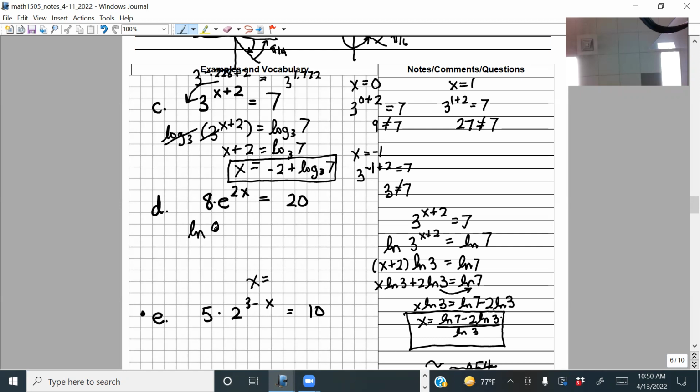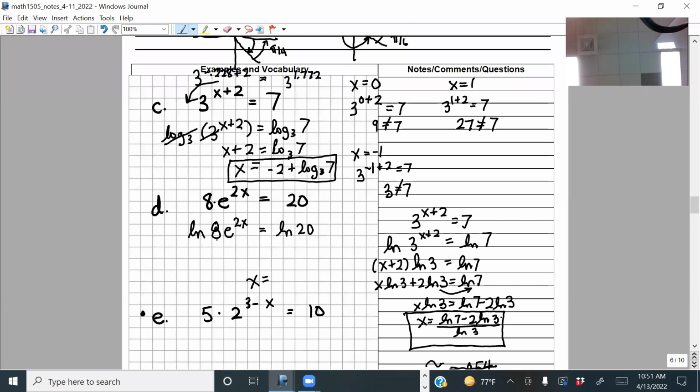If you start here immediately by taking the natural log of both sides, that's going to be the impulse. The problem is that the 8 coefficient there prevents you from canceling the natural log and the base e, so you won't be able to do anything with this equation with the 8 there.